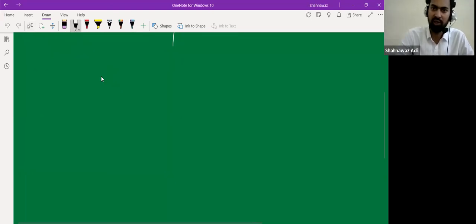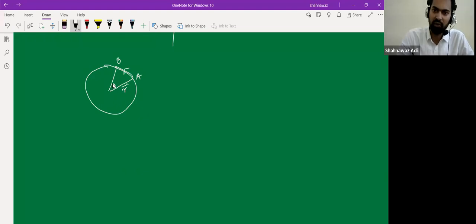So let's just assume that you are moving in a circle, okay? And this circle has a radius vector r, and you move a certain distance. So this is point A, and this is point B. And you move from here to here, and you made some angle with this radius vector.